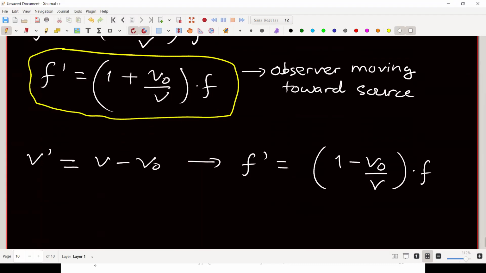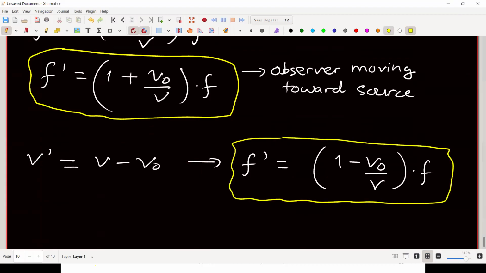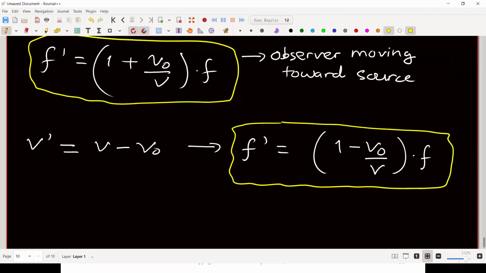And this one is for the observer moving away from the source.